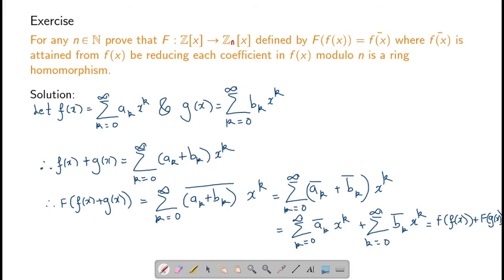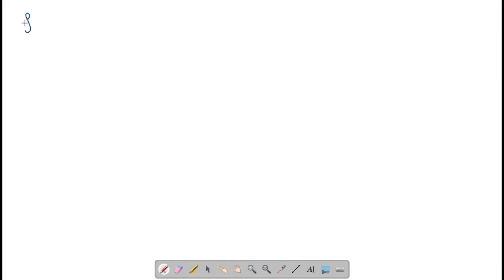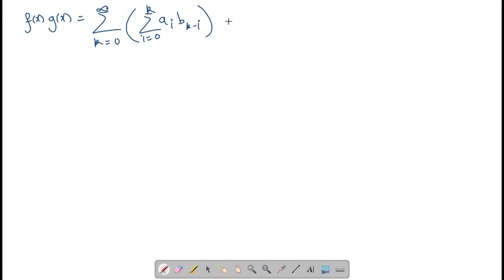Now let us see what is f(x) times g(x). This by definition is summation k going from 0 to infinity, summation i going from 0 to k, a_i b_{k-i} x^k.